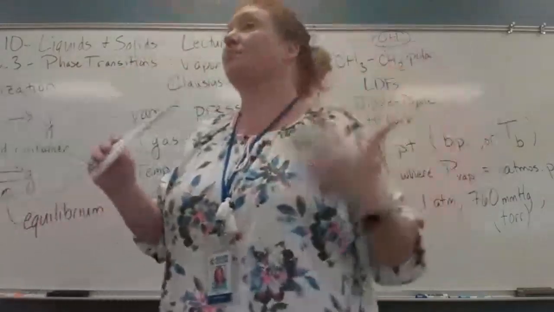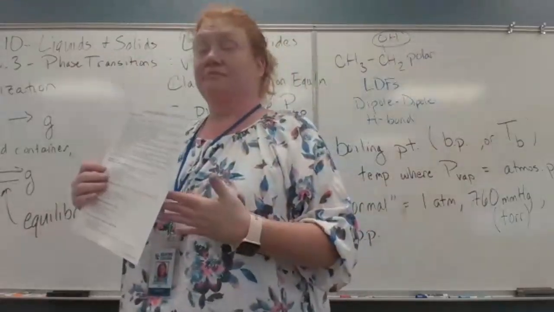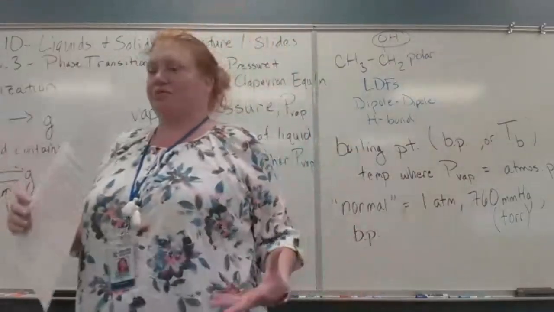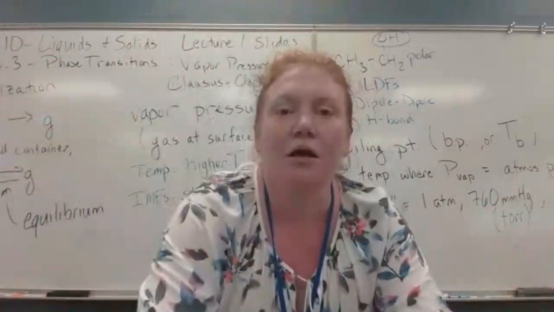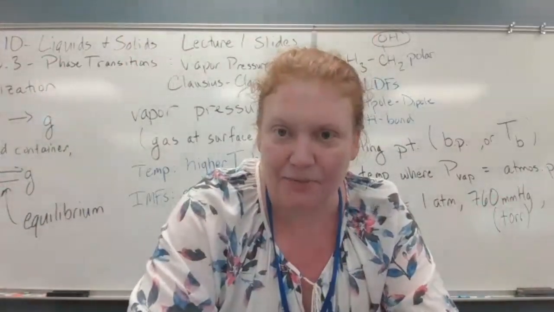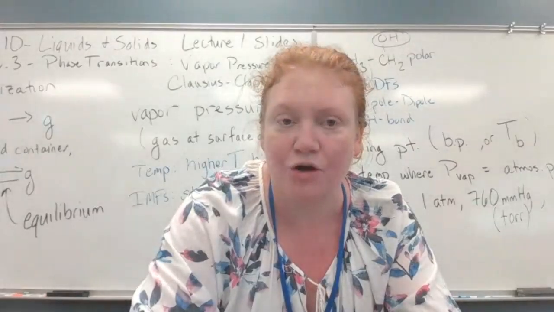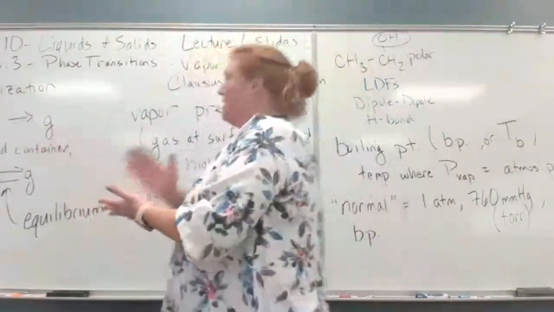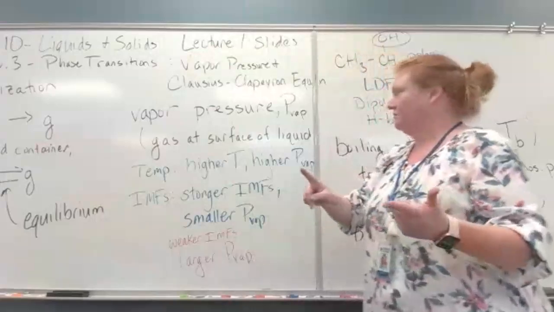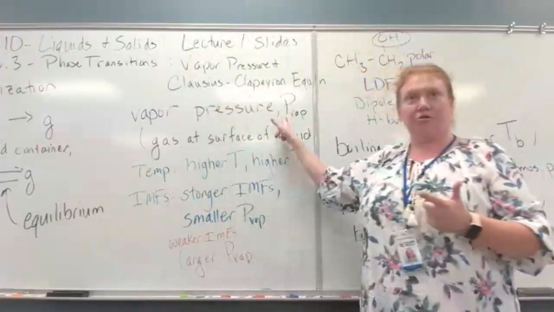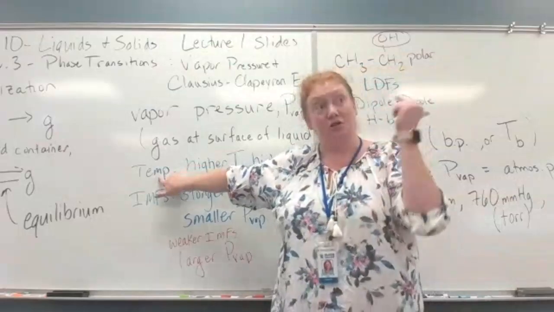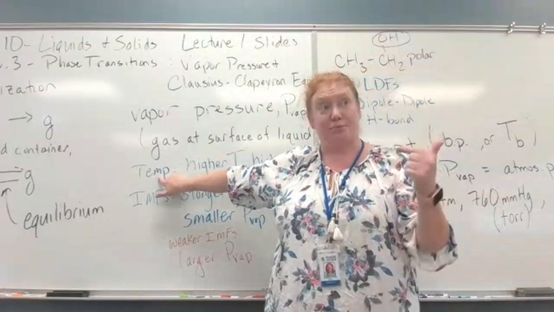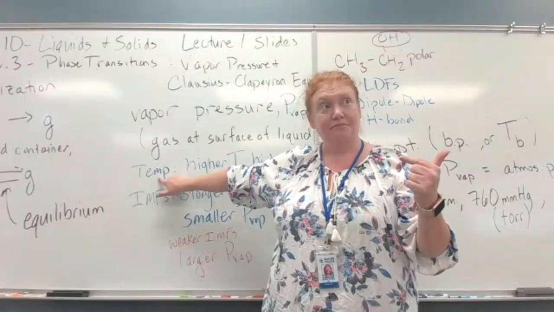Remember, you don't have to memorize these. In some form, you'll have them for the test, whether you write it yourself or I give it to you. But what is this Clausius-Clapeyron equation? We're trying to show a relationship between vapor pressure and temperature. That's what this equation is about, vapor pressure and temperature, okay?